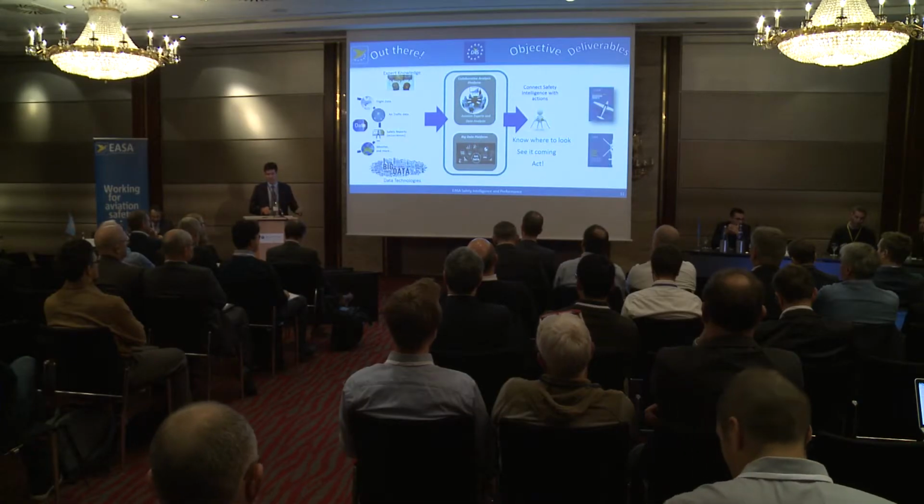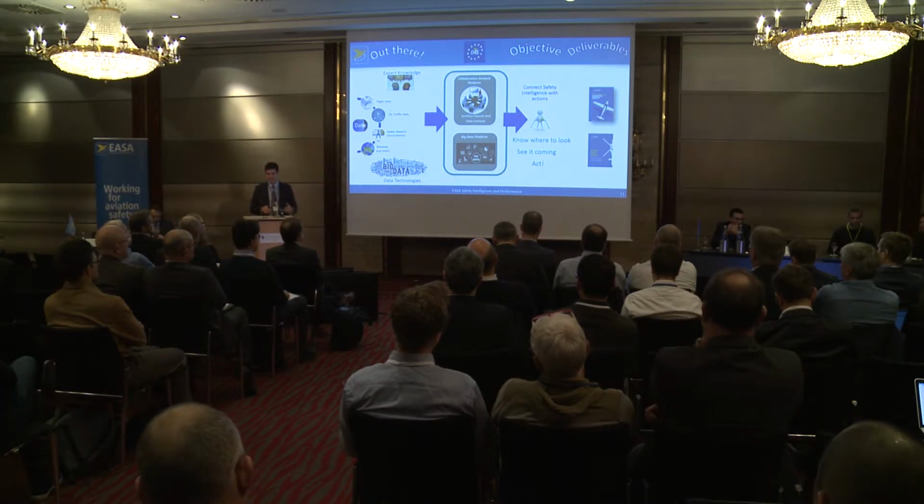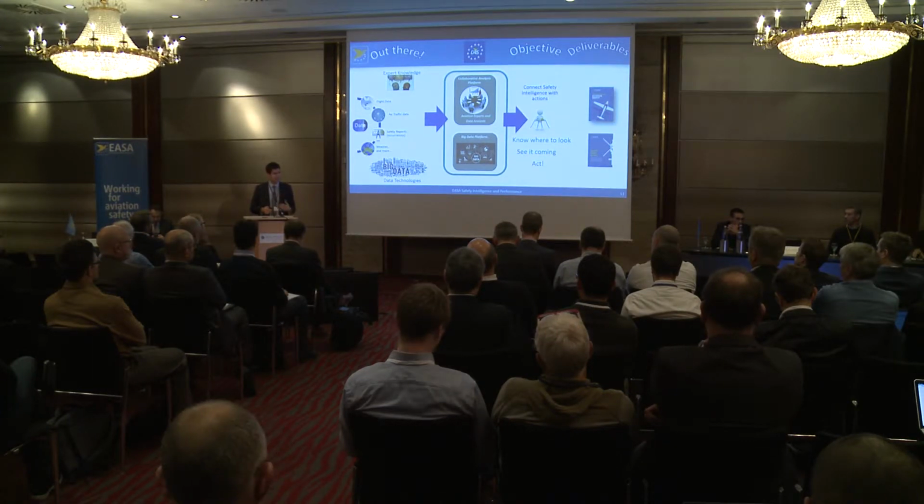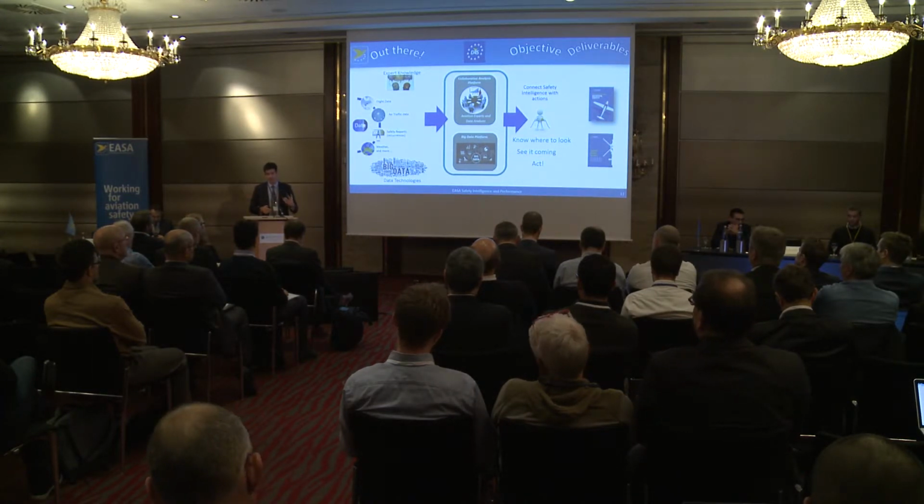So basically, enable a better capability to know where to look, see it coming, anticipate the risks and the emerging threats, and finally, support actions. As I already explained, in terms of systemic deliverables, this program will support the production of our multi-annual planning of safety actions with the EPAS, and our annual measurement of performance with the annual safety review.